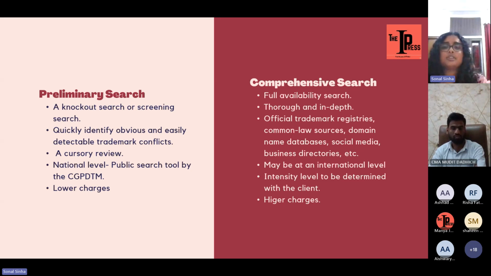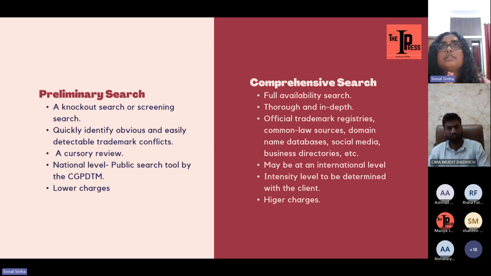A comprehensive search is a full availability search. You do a thorough, in-depth deep dive, not just on the public search platform. There are some clients who are going to launch internationally. So you search on other platforms like the USPTO, the United States Patent and Trademark Office, the EUIPO, the Intellectual Property Office of Europe.